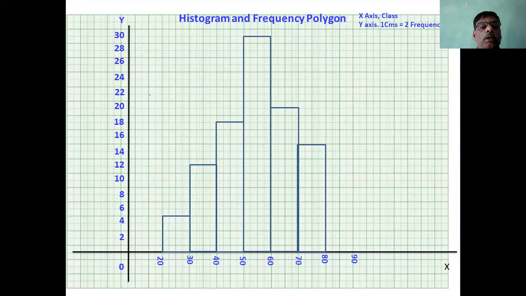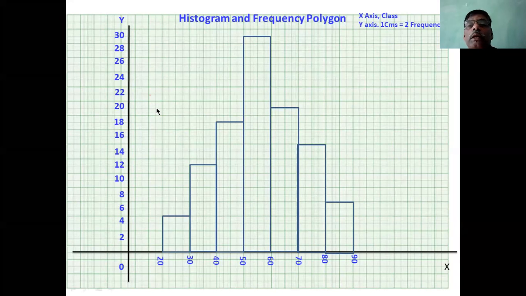Then 70 to 80, 15. Then last, 80 to 90, 7. These are the frequencies. On the basis of these frequencies, you put the rectangles. This graph is called a histogram.